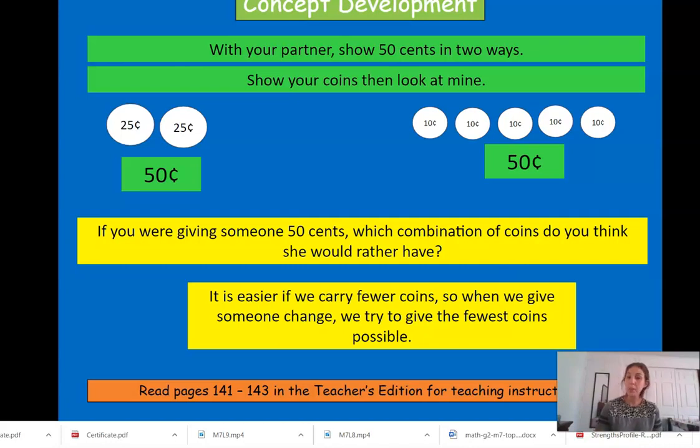So when we give people change, we want to try to give them the fewest coins possible. So although both of these options equal 50 cents, it's better to have less coins. Just like 50 pennies would also equal 50, but I don't want to carry around 50 pennies. Do you? I don't think so.